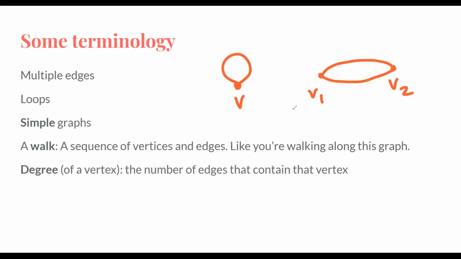Another concept in graph theory is a walk. You can basically think of it as exactly what it sounds like: you're walking along this graph. It's a sequence of vertices and edges that allow you to travel around this graph, starting at a vertex, using a specific edge to go to another vertex, using another specific edge to go to another vertex, and so on, ending at whatever vertex you decide to end at.